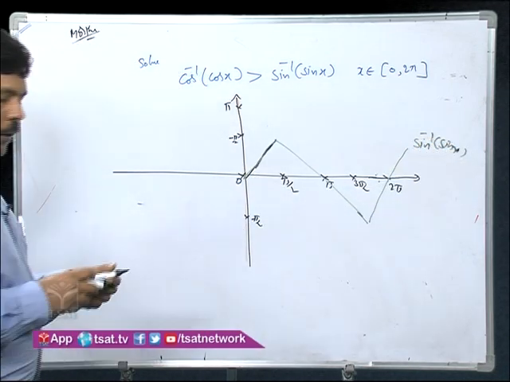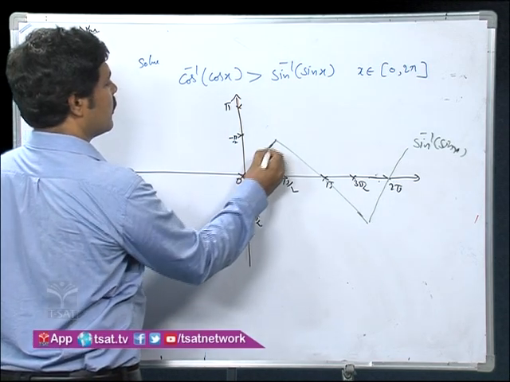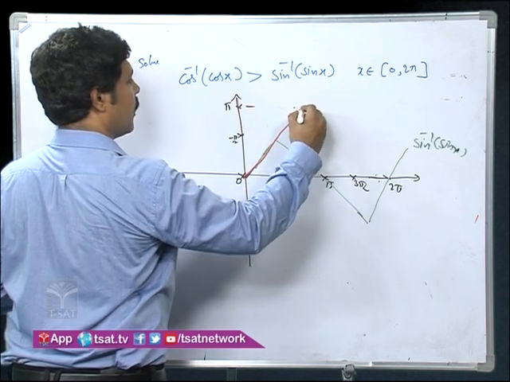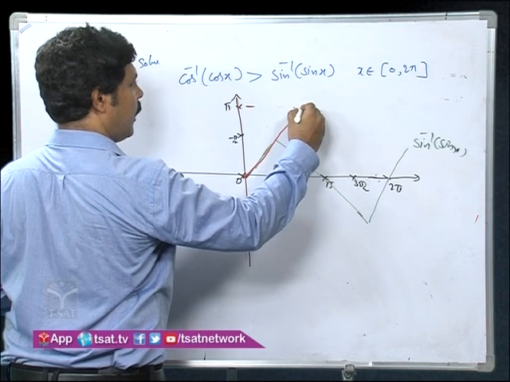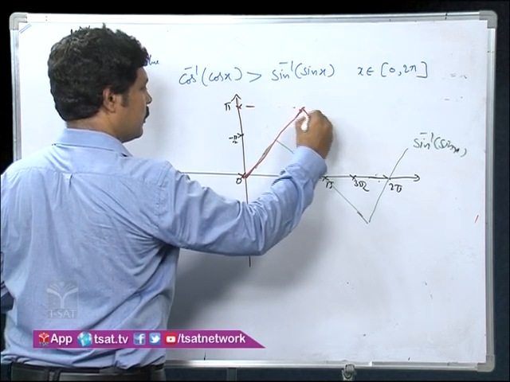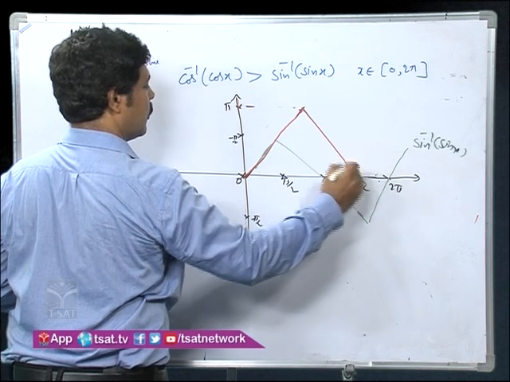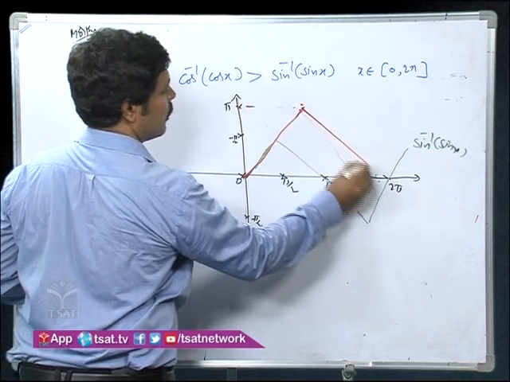Now the graph of cos inverse of cos x is the same like this, but reaches maximum value pi, and at 3 pi by 2 it is 0.